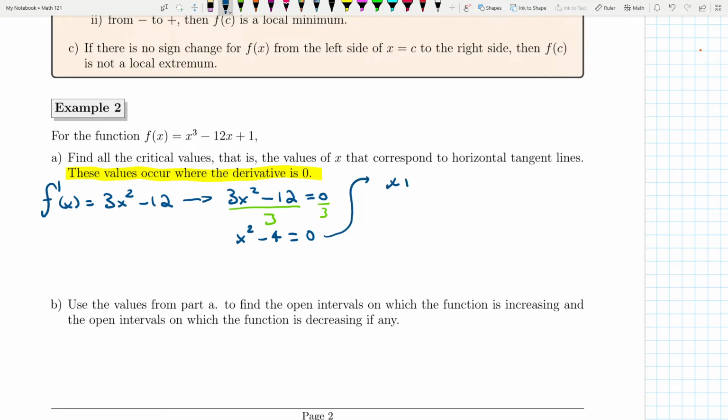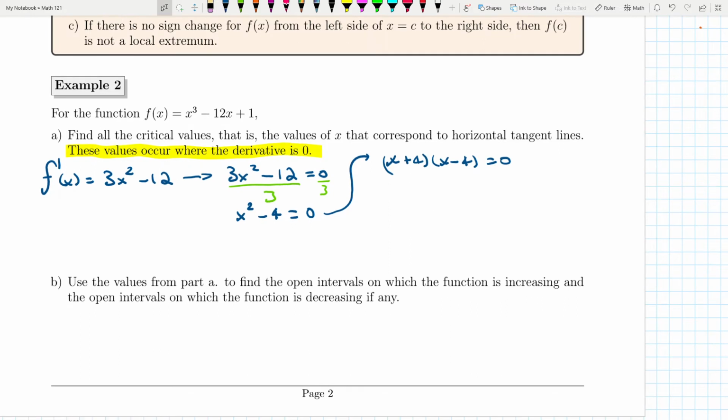So x plus 4 times x minus 4 equals 0. So x equals negative 4 and x equals 4. These two are the critical values, x equals negative 4 and x equals 4.